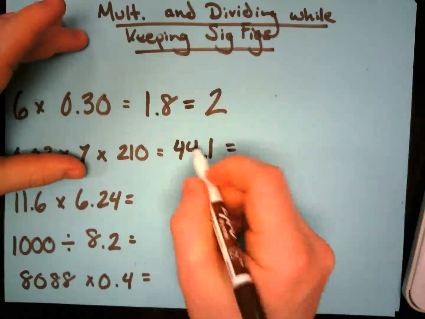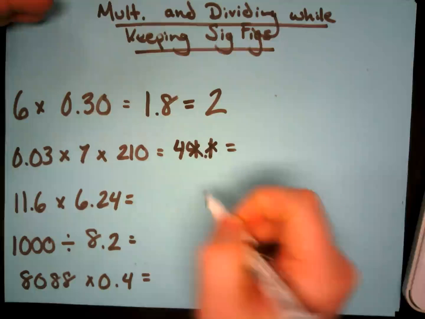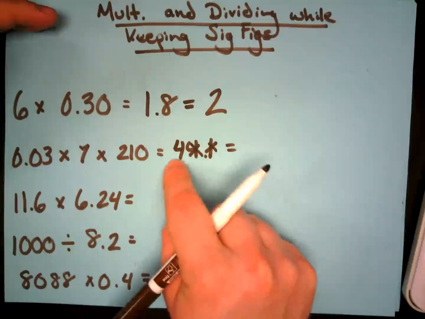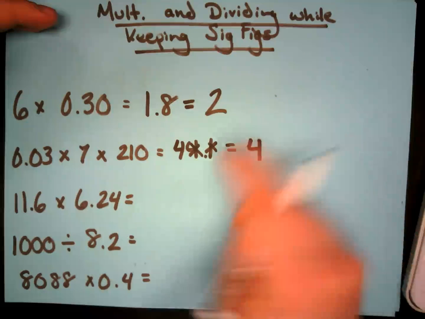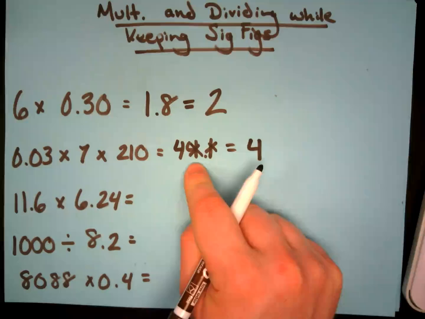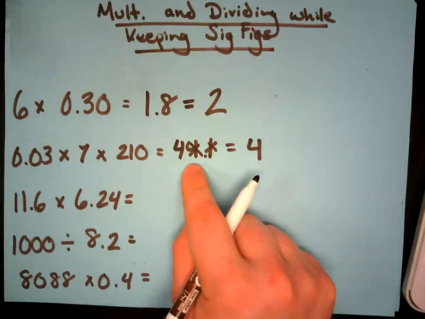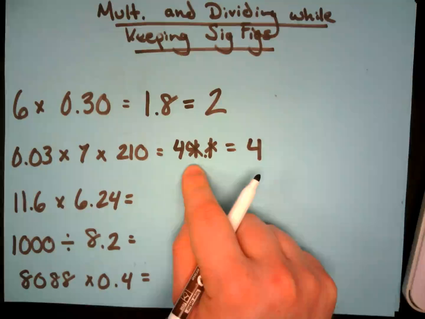Well, basically we can't have this and we can't have that. Now hopefully you didn't do this while working on this, but what I do need is to look here, and it's 44.1. So it needs to be either 40 or 50, because it needs to be 1 sig fig. Now, is 44 closer to 40, or is it closer to 50?